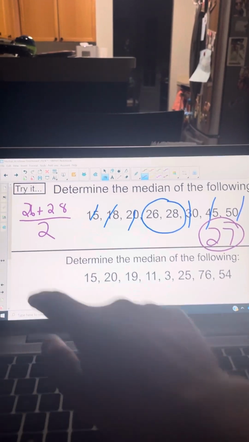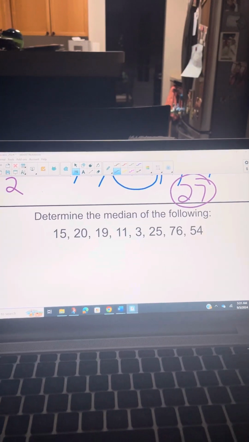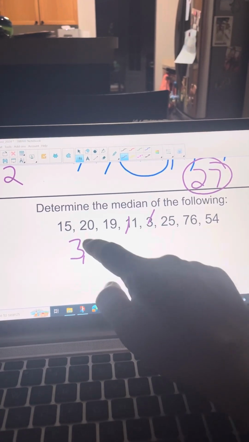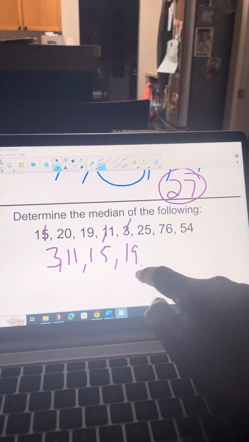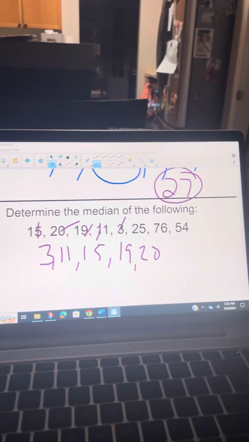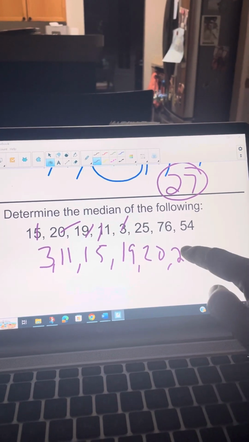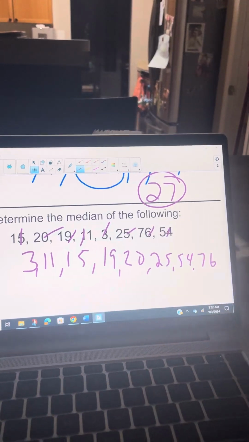The bottom set, these numbers are not in order from least to greatest, so I'm going to have to do that now. 3 is the smallest, then 11, then 15, then 19, then 20, 25, 54, 76. There's all my numbers.